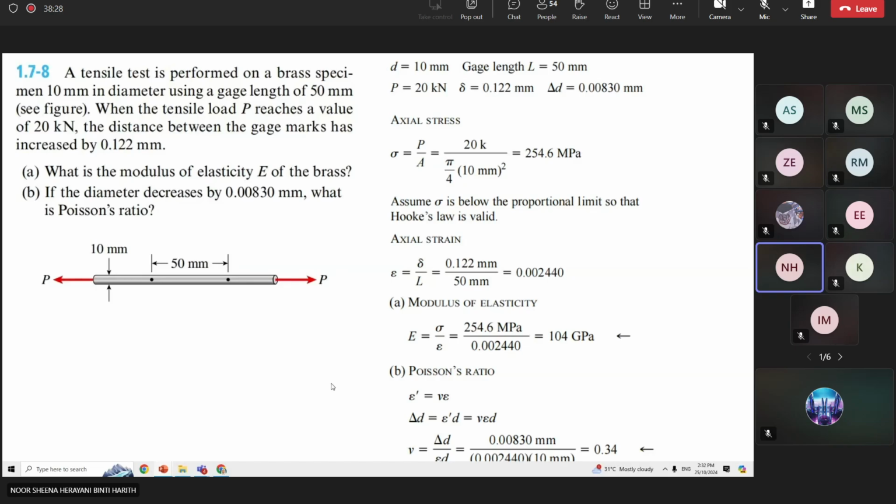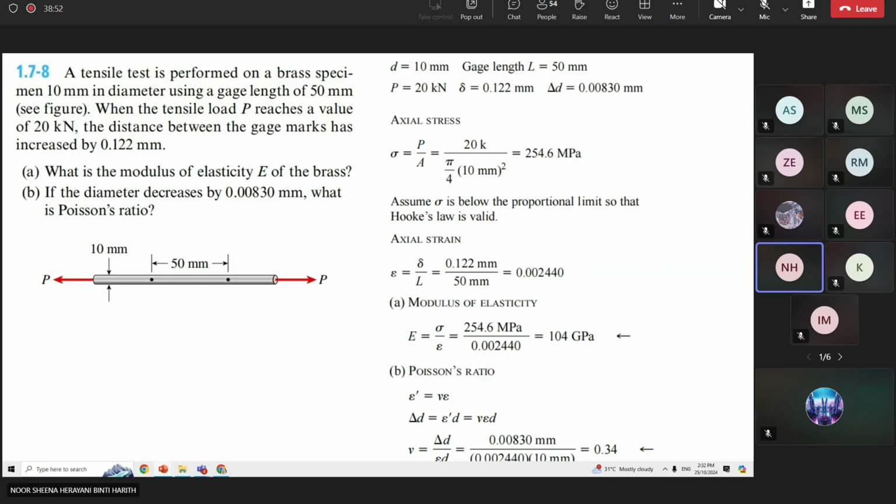The epsilon we already got, this axial strain 0.00244, times the diameter of the bar. So we get this value, and the Poisson's ratio is equal to 0.34.